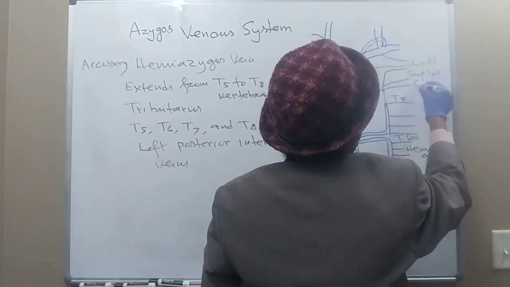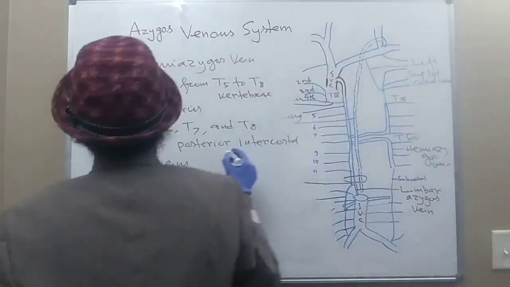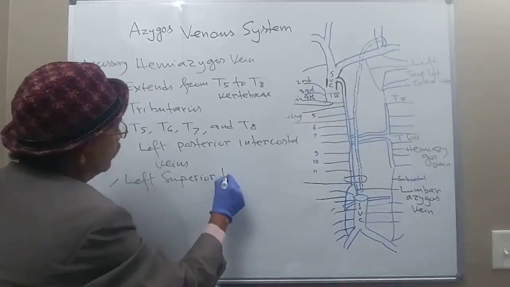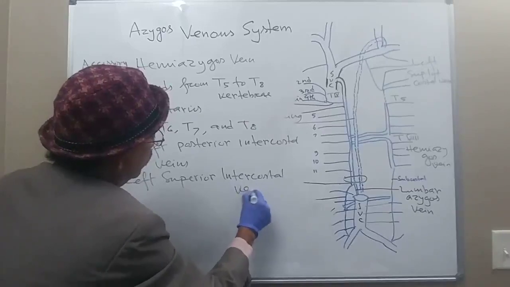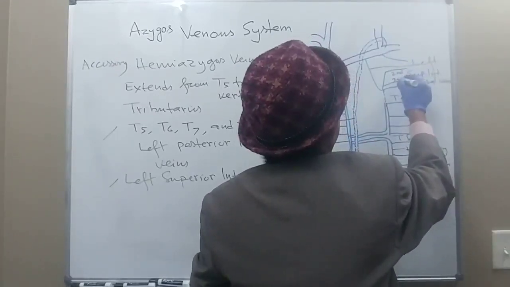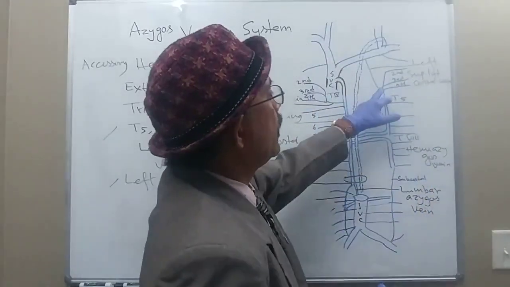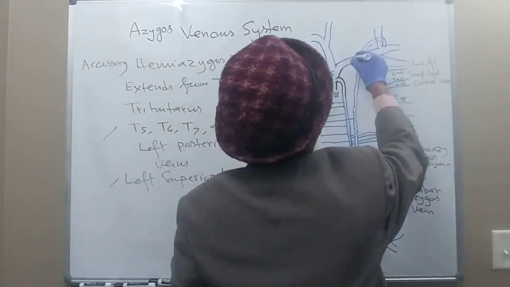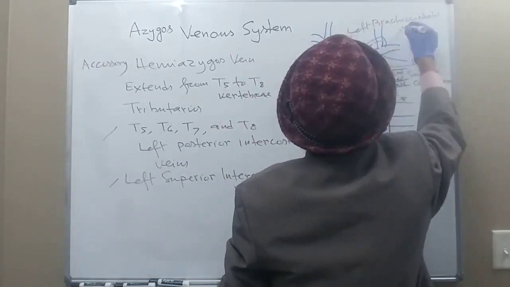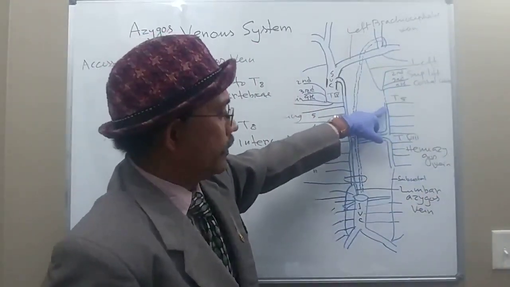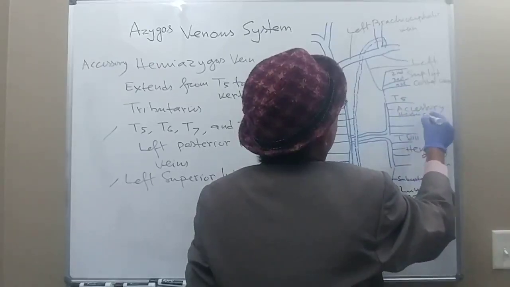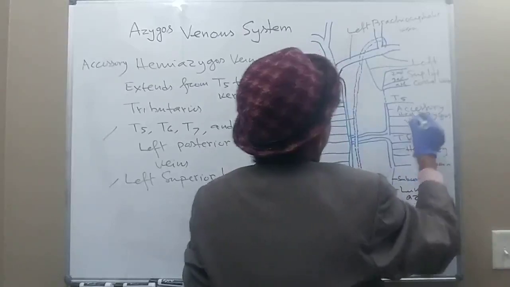The left superior intercostal vein drains the second, third and fourth left intercostal spaces, and it usually opens into the left brachiocephalic vein, but it may also open into the accessory hemiazygos vein. Okay, it may open there.